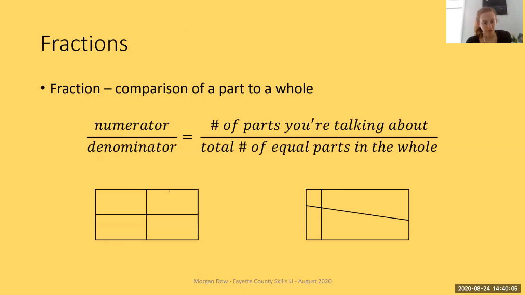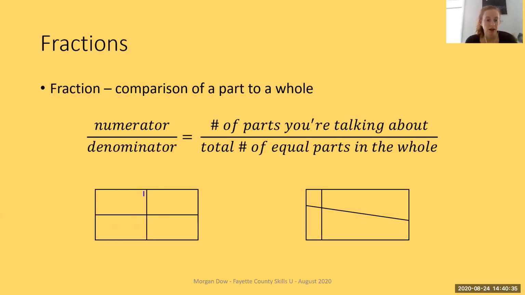So let's look at these two pictures down here at the bottom of the screen. In this first picture, the picture on the left-hand side, the whole big rectangle is split up into 4 parts, and the parts are all the same. There's 4 equal parts. So this is something that I could start talking about in terms of fractions.